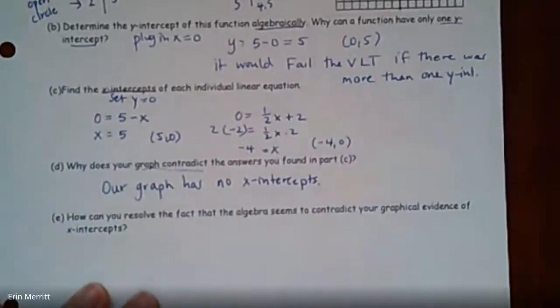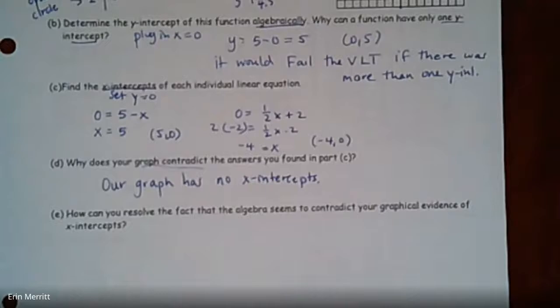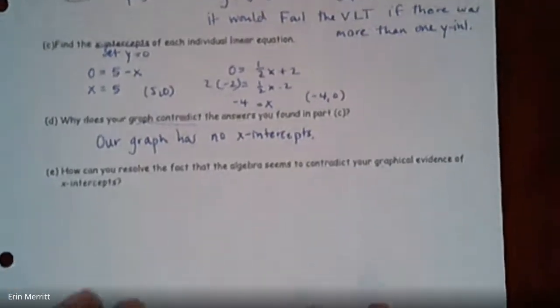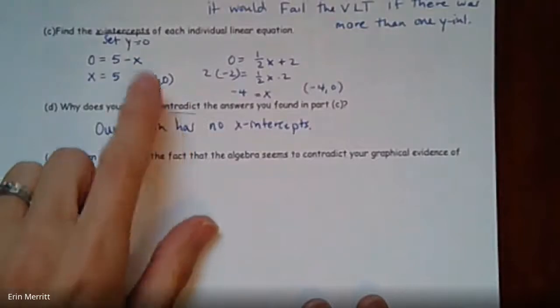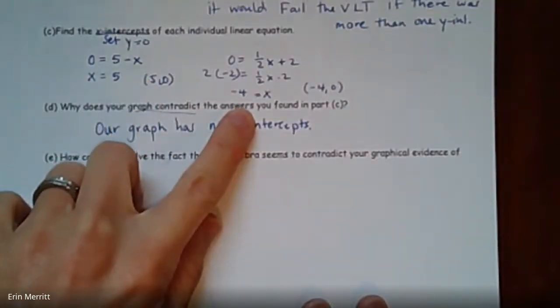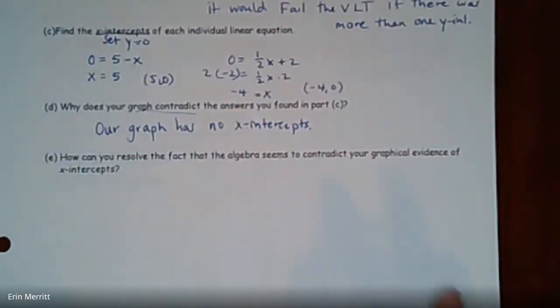When it's saying, how can you resolve the fact that the algebra seems to contradict your graphical evidence? Well, you would only have the x-intercepts if those particular x values were plotted, and they're not. We have restricted domains.